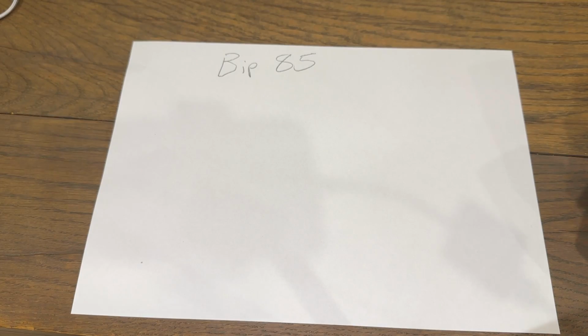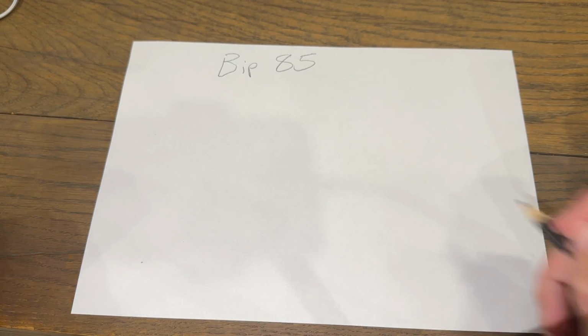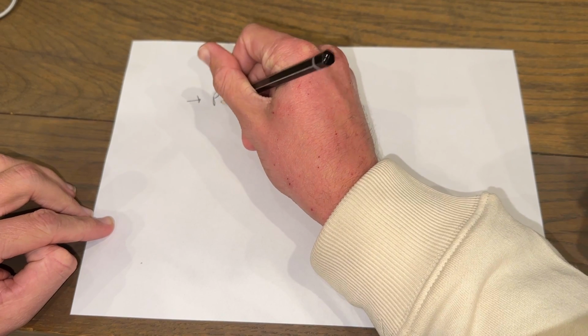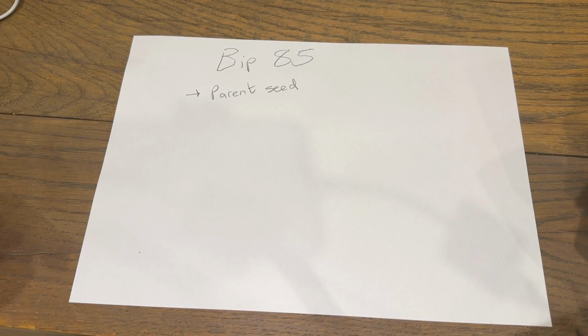Alright, here I have my piece of paper and this is a brief explanation of BIP 85. What BIP 85 essentially allows you to do is to generate many Bitcoin wallets from one seed phrase. So to do this, you need to firstly generate a parent seed. So over here we start with a parent seed, and then from that parent seed we can generate a whole bunch of child seeds.